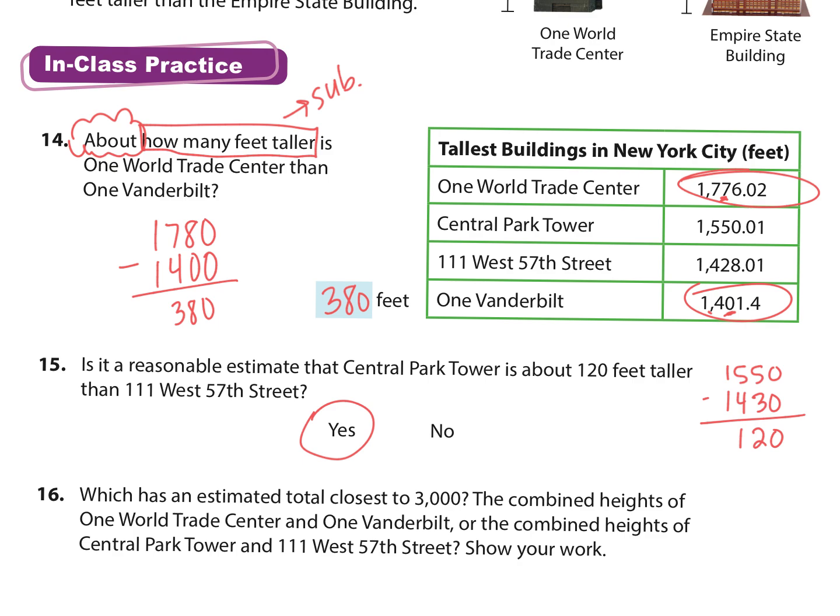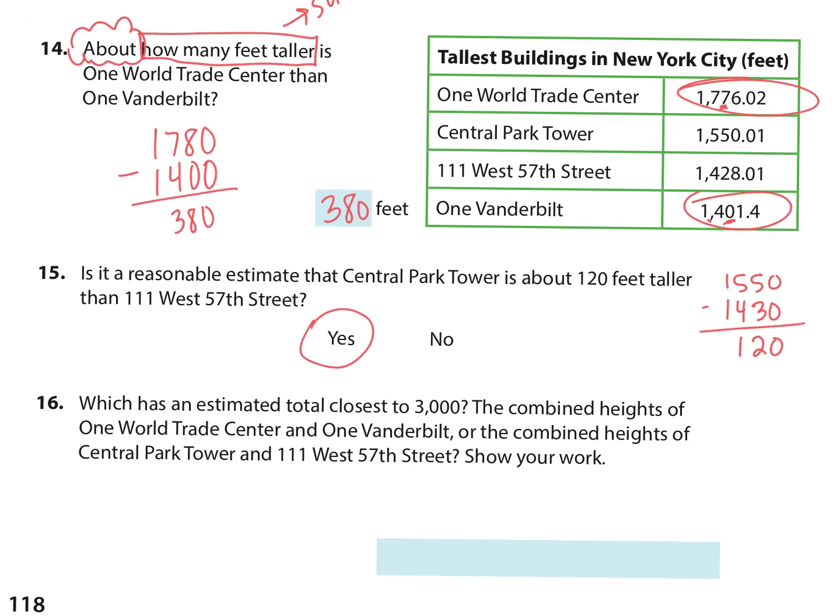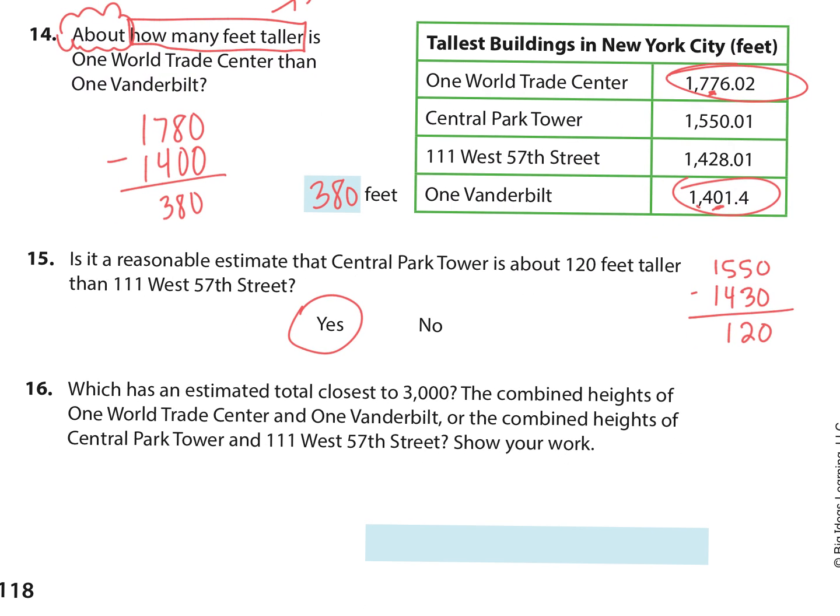And then the last one says, which has an estimated total closest to 3,000? The combined heights of 1 World Trade Center and 1 Vanderbilt, or the combined heights of Central Park Tower and 111 West 57th Street. So if I'm adding these, now earlier I subtracted with these, but these are the 2 that I'm using again. So if I add these 2 numbers together, because the word combined means I'm adding, okay?